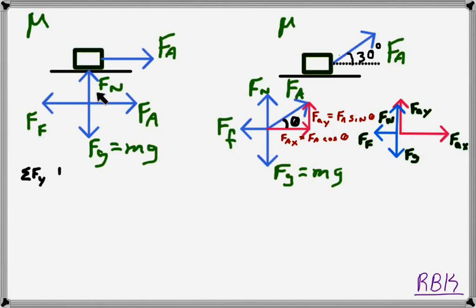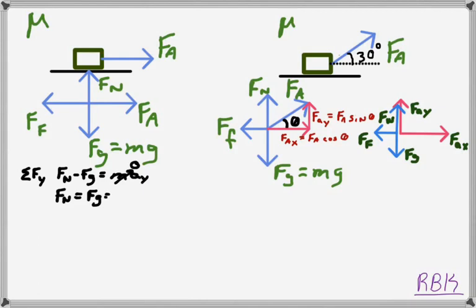If I make up positive, force normal minus force gravity equals the mass of the object times the acceleration of the object, Newton's second law. And it's the acceleration in the y direction, which is 0. So we get force normal equals the mass of the object times the acceleration due to gravity.